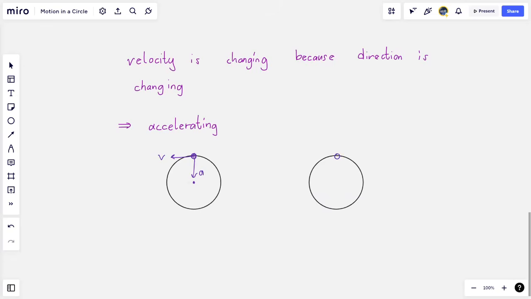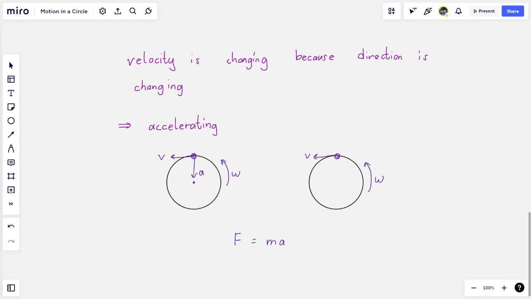But wait, let's do this again. Let's assume that I'm moving anti-clockwise. In both cases, I'm moving anti-clockwise, so my angular speed, my omega, is anti-clockwise. Again, my velocity is tangent to the circle, but remember, Newton's second law doesn't simply state that F is equal to ma.